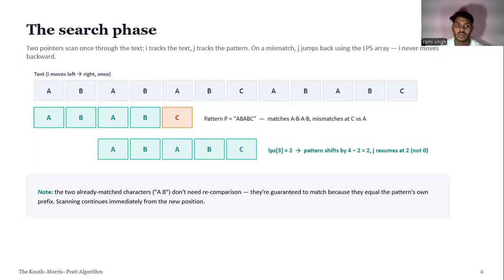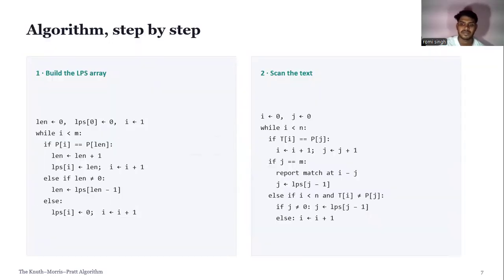Note, the two already matched characters AB don't need to be compared again. They are guaranteed to match because they equal the pattern's own prefix. Scanning continues immediately from the new positions.